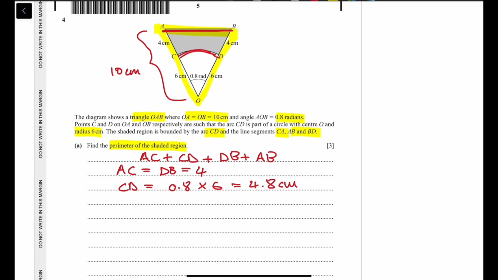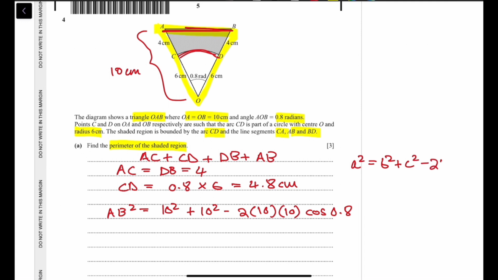Now for side AB, we have 2 sides and an angle, so we actually can use our cosine rule, and that is AB squared is equal to 10 squared, the sides, plus 10 squared minus 2 times 10 times 10 times our angle cosine 0.8. This is from the formula a squared equals b squared plus c squared minus 2bc cosine A, by the way.